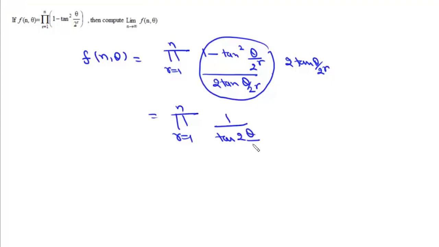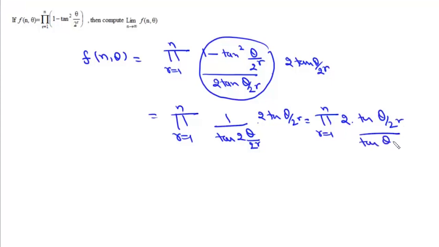tan of 2 theta upon 2 to the power r, and this is 2 tan theta upon 2 to the power r, which is this product r varies from 1 to n 2 into tan theta upon 2 to the power r upon tan theta upon 2 to the power r minus 1. Now we'll expand this product. Now we put r from 1 to n, it will be 2 into 2 into 2 n times.